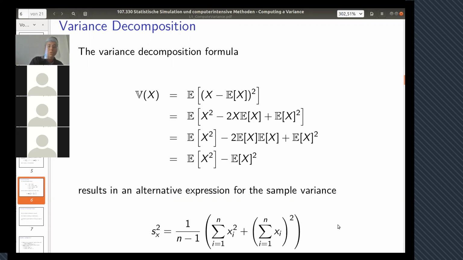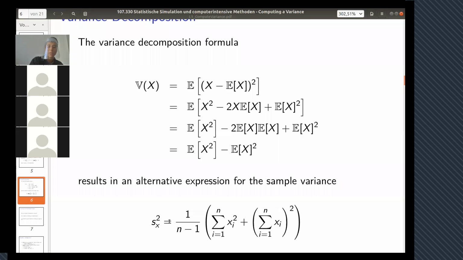So this also provides us with a second type of formula. This is the sample version of the second type of formula. We have the sum of all the squared values minus the mean squared, and of this, we take the adjusted mean.